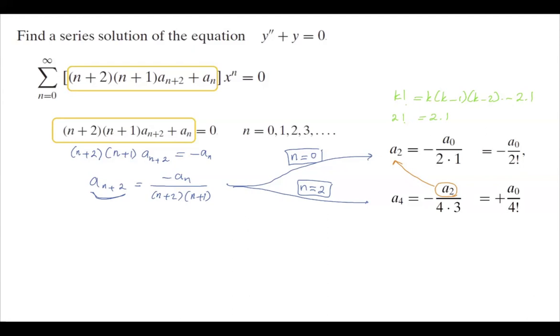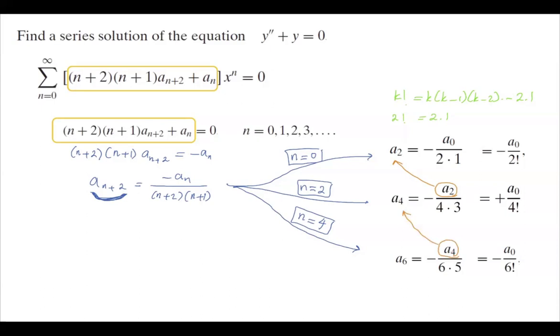In the next step, I'm going to plug in 4 for n to find a sub 6. So when n is equal to 4, a sub 6 becomes negative a sub 4 divided by 6 times 5. But again, pay attention here. You already have a sub 4 calculated here.